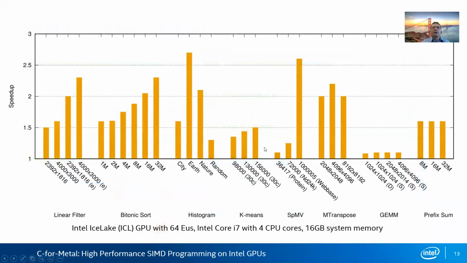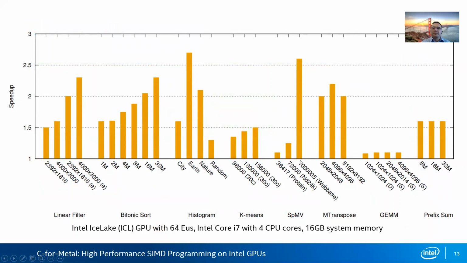This chart shows the performance comparison. Workloads were written in both OpenCL and CM. And CM outperforms OpenCL ranging from 10% to 150%. And for the GEMM kernel, OpenCL and CM both employ a similar register blocking strategy.